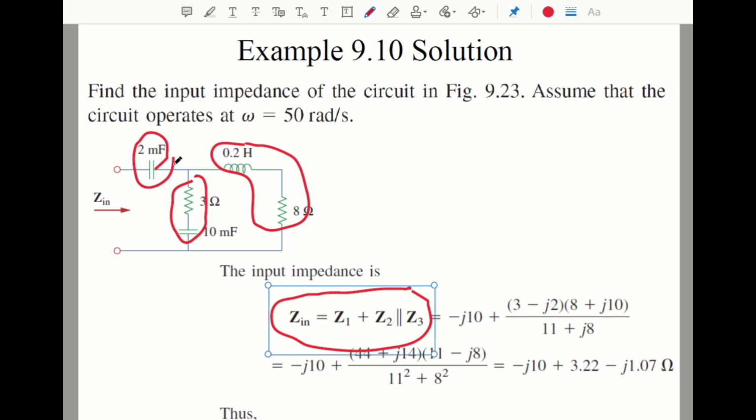So that's why we get this equation. And Z in is equal to 3.22 minus j11.07 ohm.